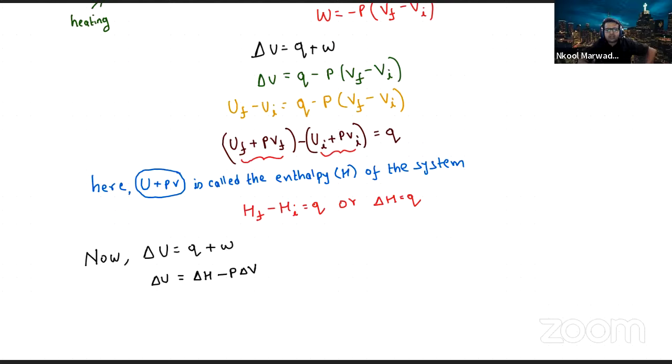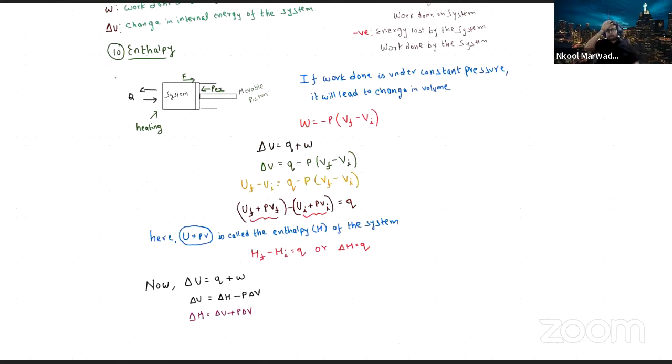And from here, we can say that delta H, change in enthalpy, is equal to change in internal energy plus P delta V. So this was the concept of enthalpy. So delta H is equal to delta U plus P delta V.